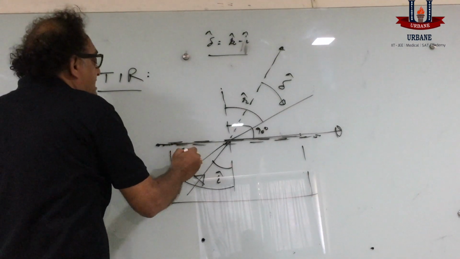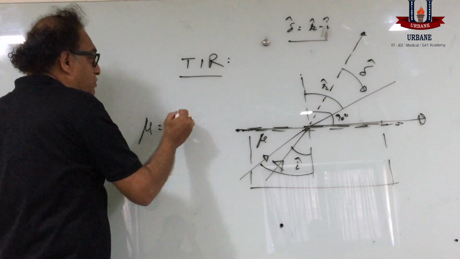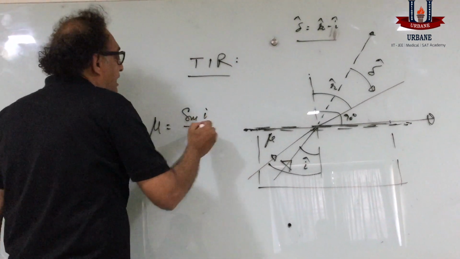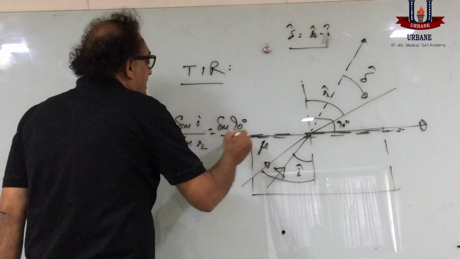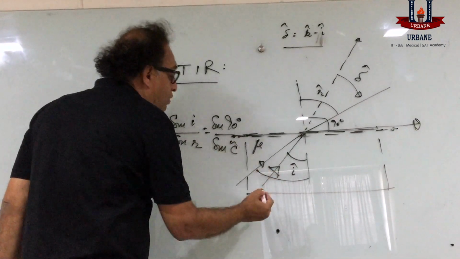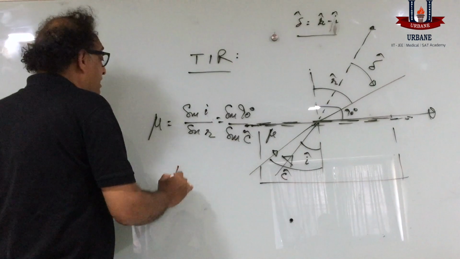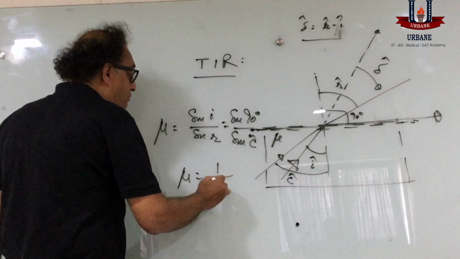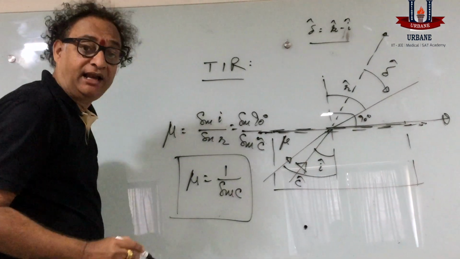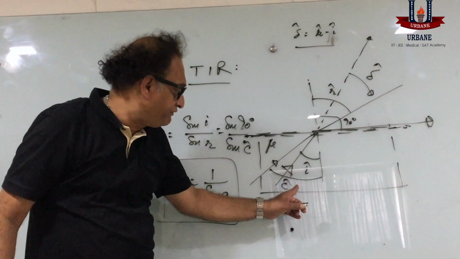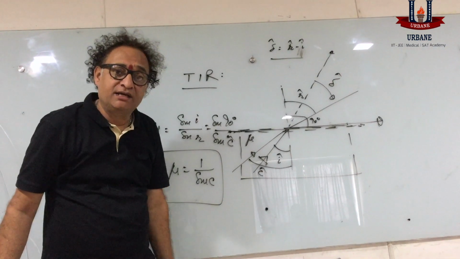If we call this the refractive index, then we can say this mu is supposed to be sine I upon sine R, but this is sine 90 and this is sine C, because this big angle we call the critical angle. So from here we can say mu is equal to 1 upon sine C. So C is called the critical angle. It's exactly the angle of incidence in the denser medium whose corresponding angle of refraction is 90 degrees.